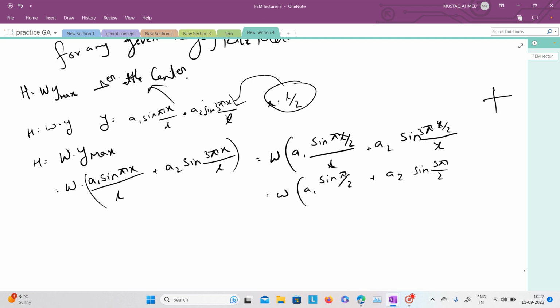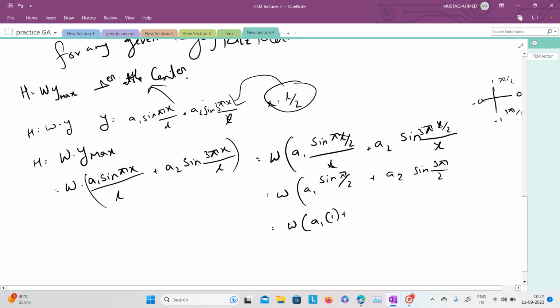Now draw a quadrant. Sin 0 is 0, sin pi by 2 is 1, sin 180 minus 0 is minus 1. This will be pi by 2, this will be 3 pi by 2. Okay, now substitute the answer. W into a1 into 1 plus a2 into minus 1, which will be w into a1 minus a2.